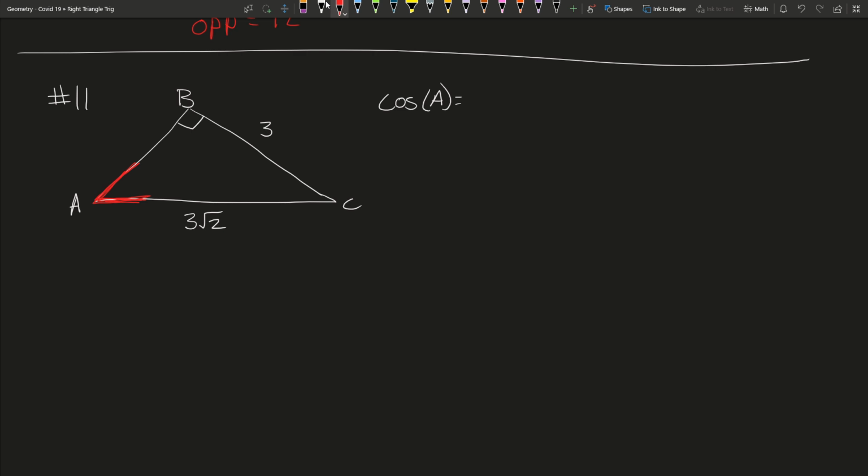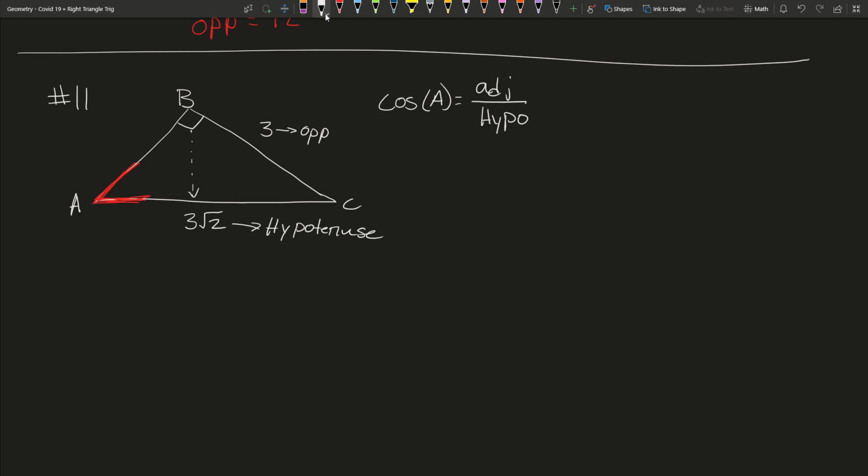All right. From this diagram, we need to find the cosine of angle A. And we know that cosine is adjacent over hypotenuse. In this diagram, we are given the hypotenuse and the opposite side.